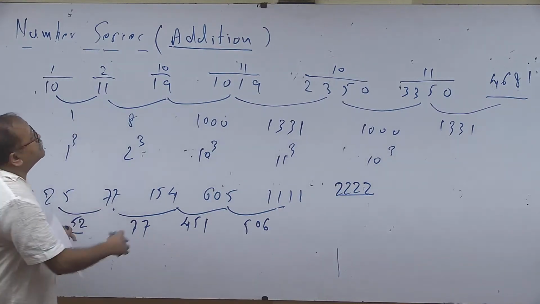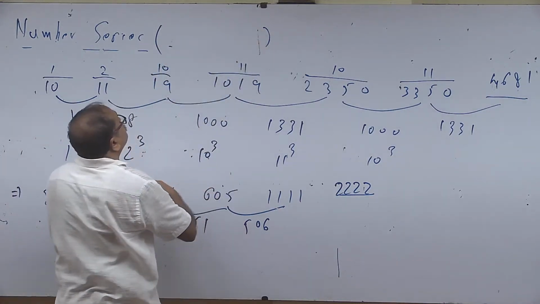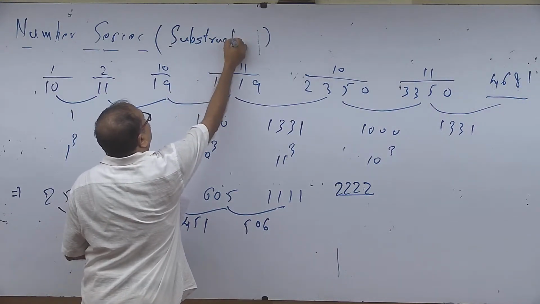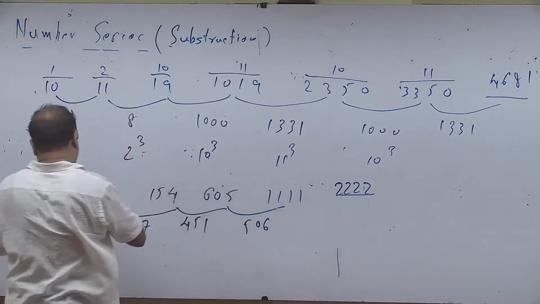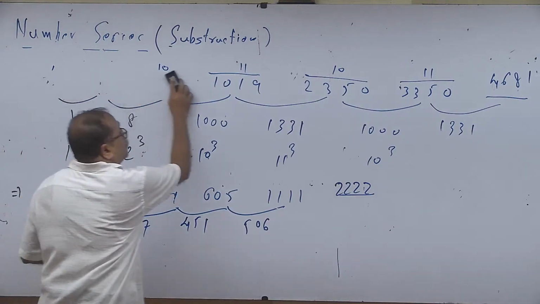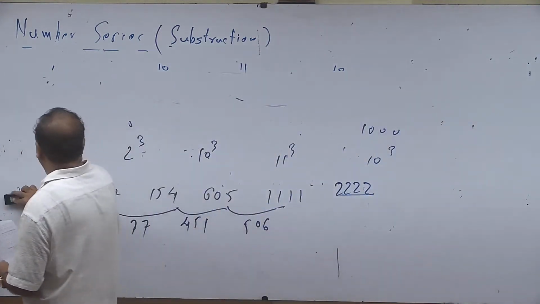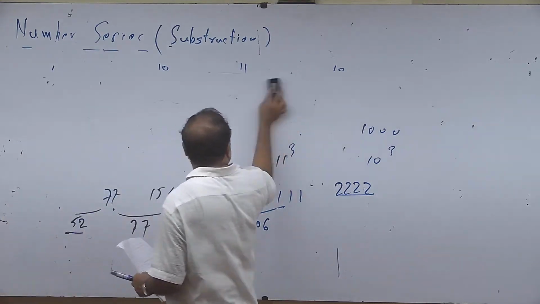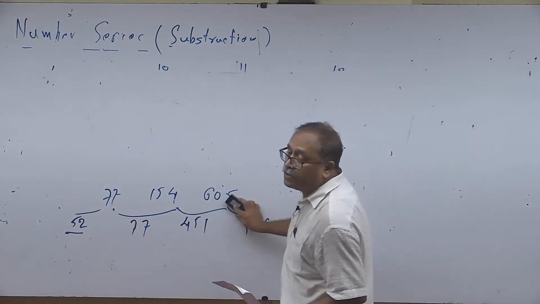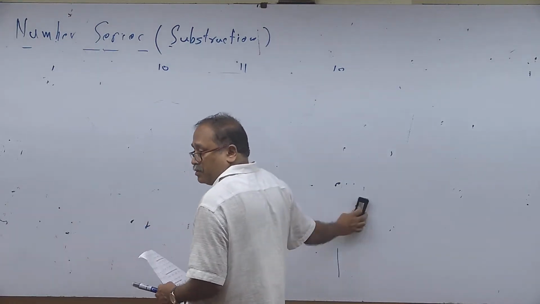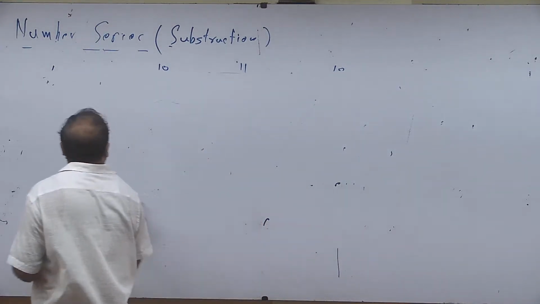So I will go with the subtraction based questions now. Let's move on with the subtraction based. Only one or two questions we will pick up. In a case of subtraction, what will happen? The order of the numbers will be in descending order.